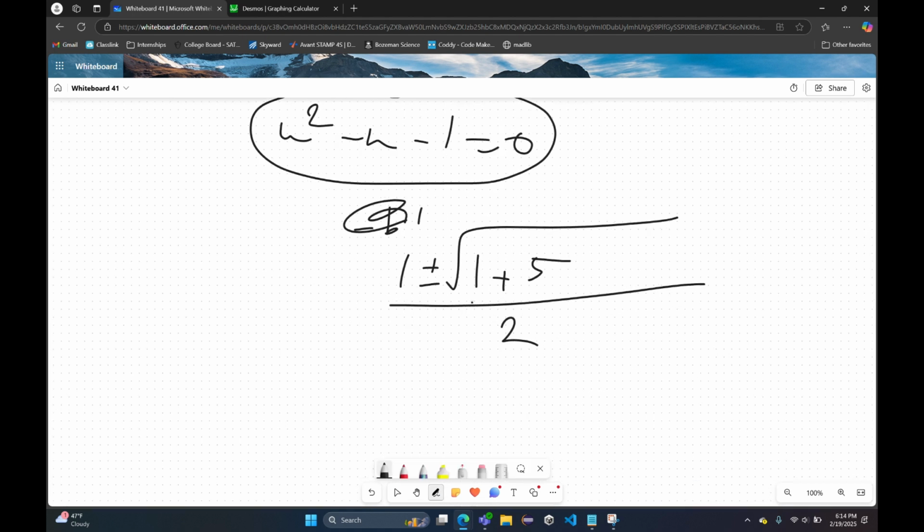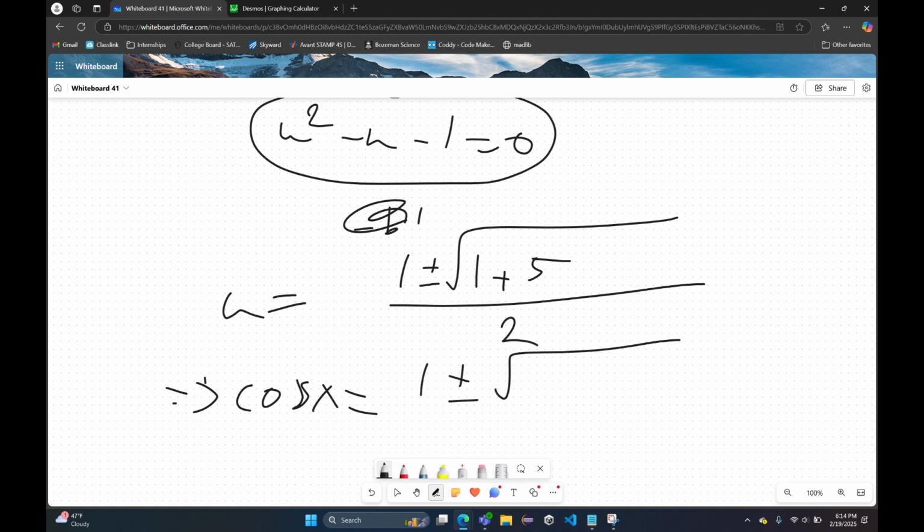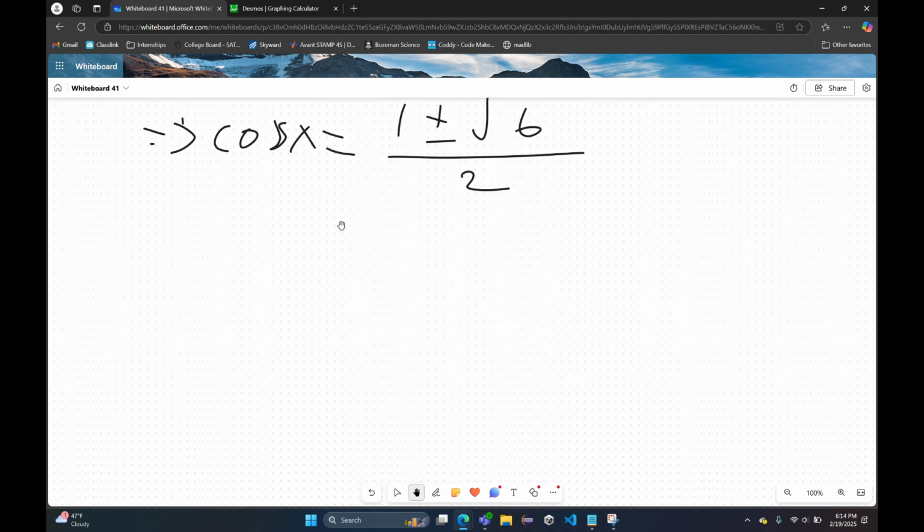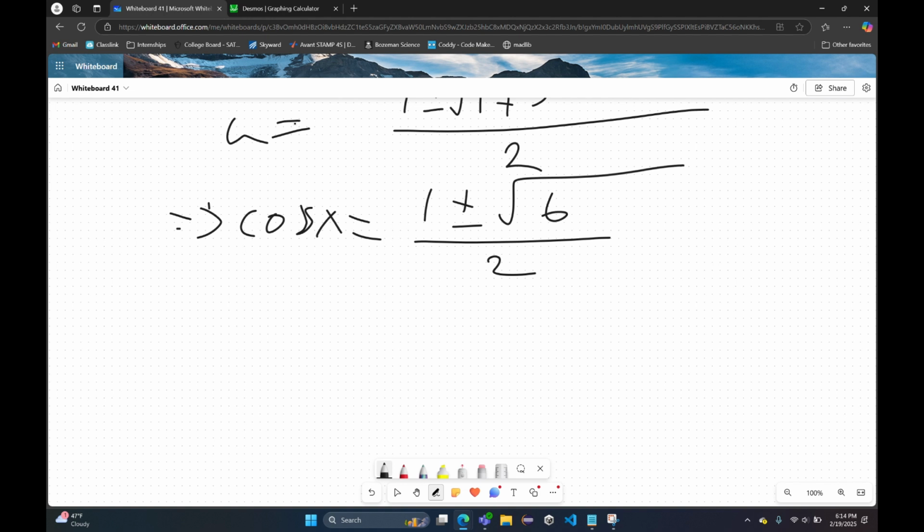And you're going to get this thing right here. And you know that u equals this, which implies that cosine of x equals the exact same thing, because we said u equals the cosine of x, square root of 6 divided by 2. And from here, you can apply the arc sine onto both of these solutions, and you'll get the exact same answer. So just conceptually, whichever one works better for you, you can use that.